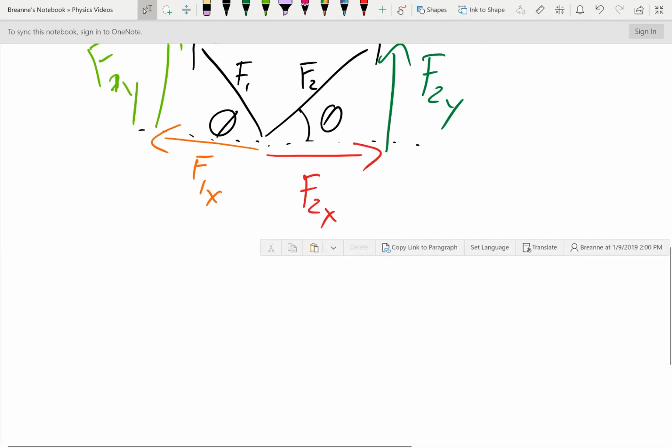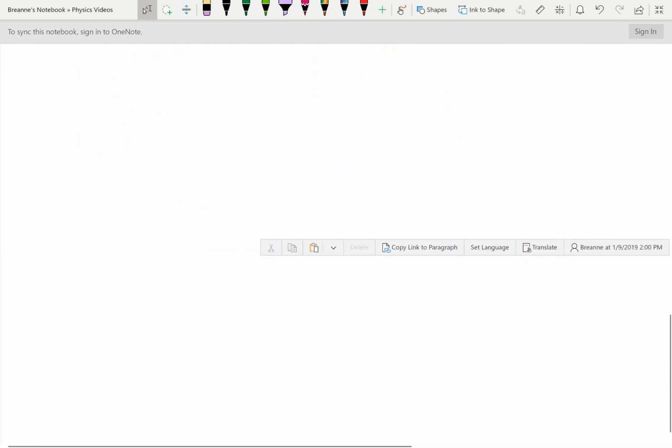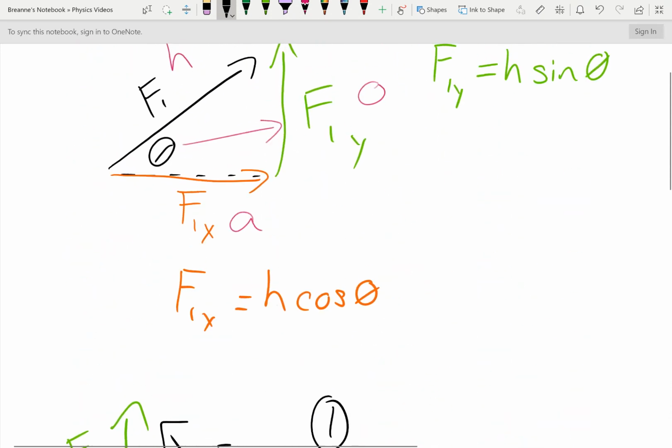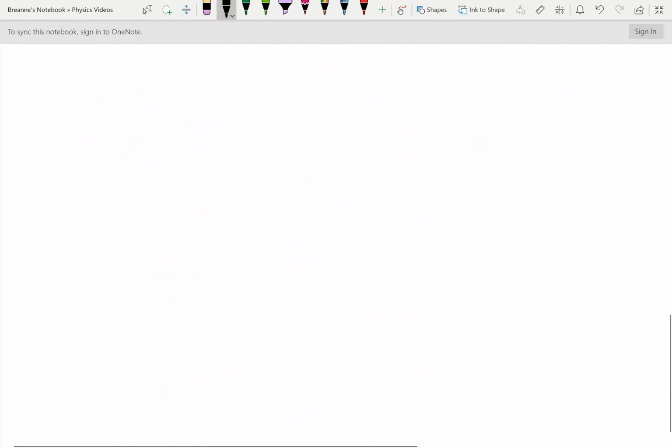Now, once you do that for any problem, then you have to think about your adding and subtracting. So you would decide using your net. If you're doing your net force, and this would be your net force or your resultant force in the y direction, you would add up all the forces in the y direction.